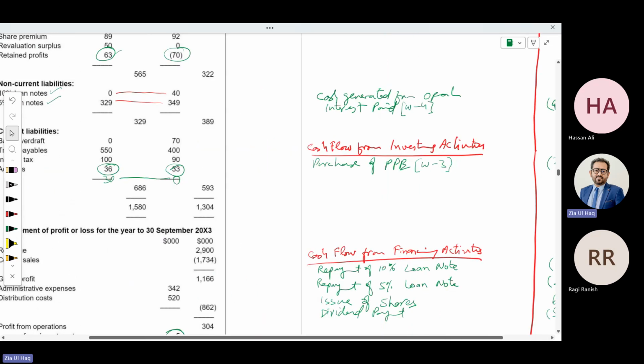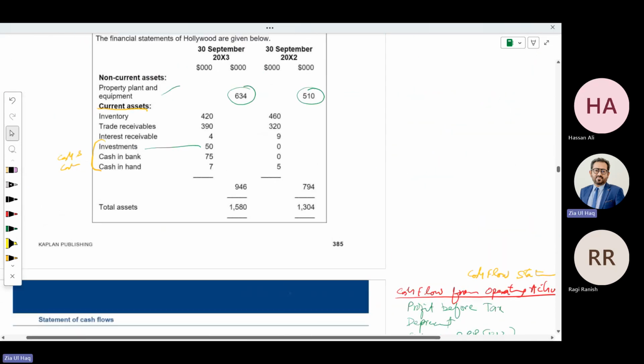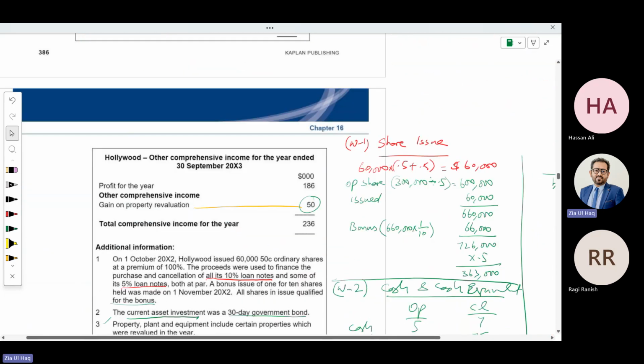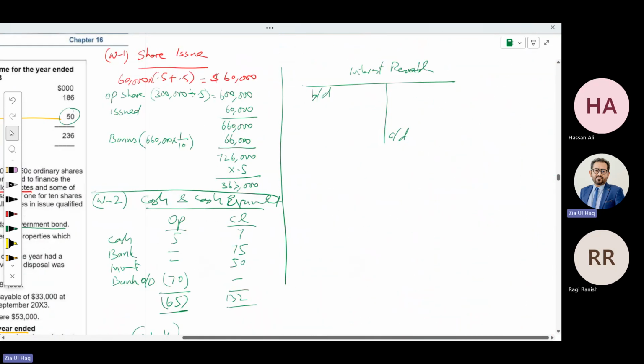What is the balance? Brought down balance is what? 9. Carried down is 4. So brought down is 9, carried down is 4. And there is a 5 income recorded as well. So 5 income recorded. This means P&L credit.